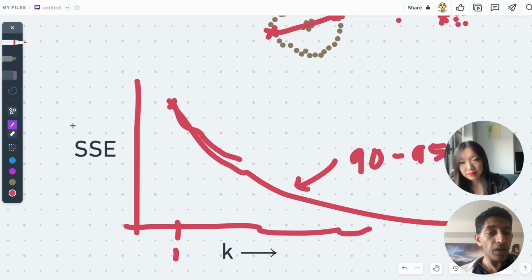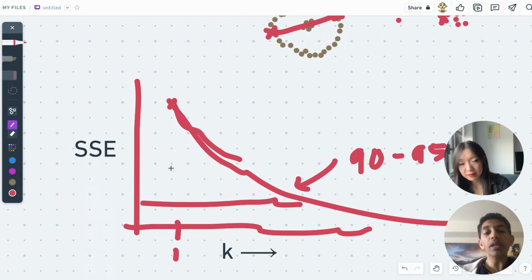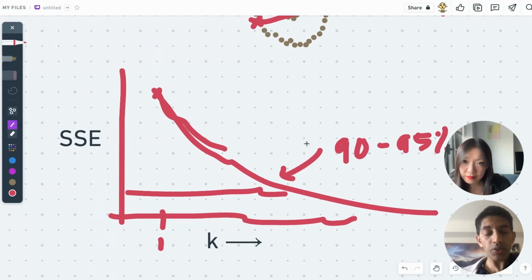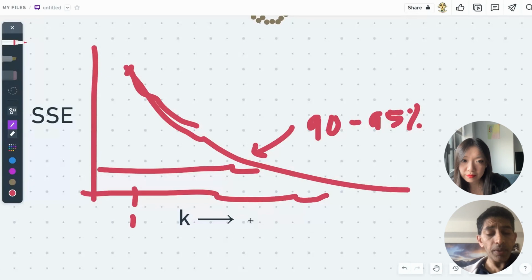So we might say, all right, I would like to get the K number at which we have dipped down from the highest value of SSE by 90 or 95%, in the sense that we have at that point exhausted extractable centroid information. Of course, these thresholds can vary.